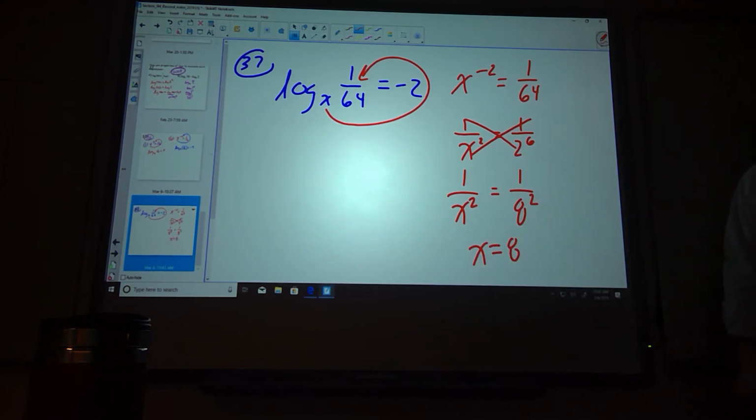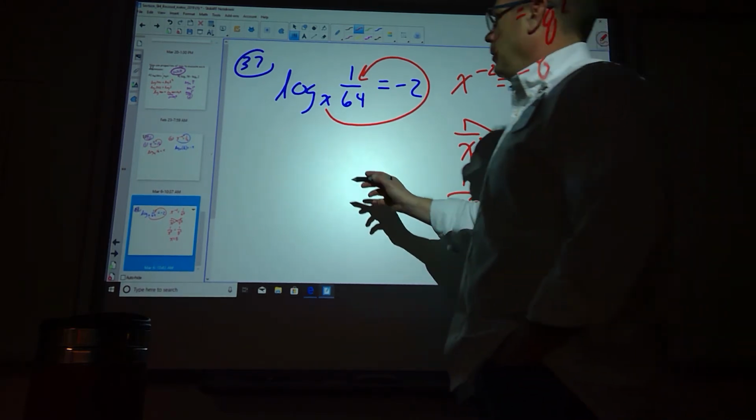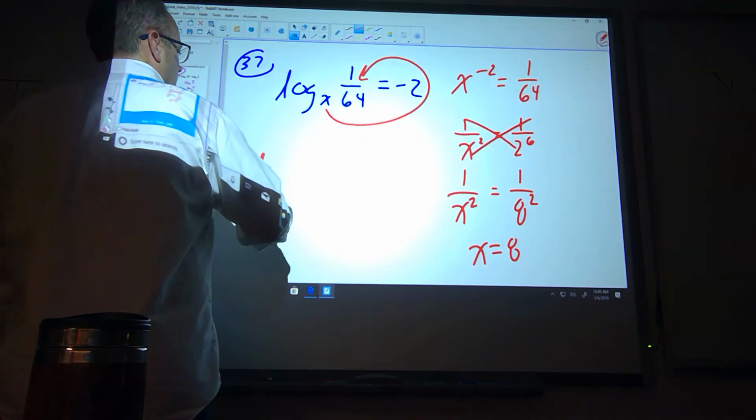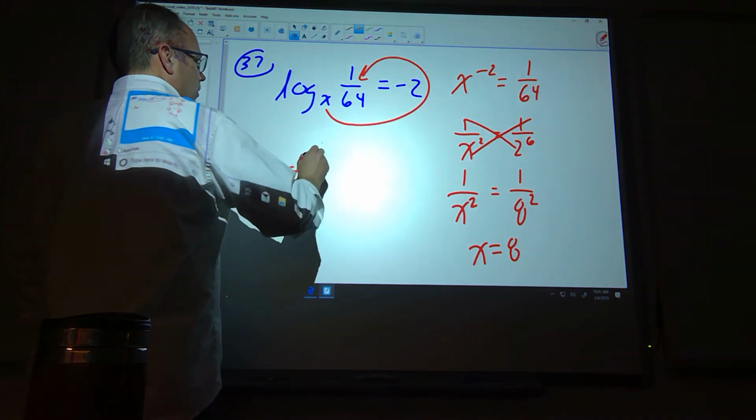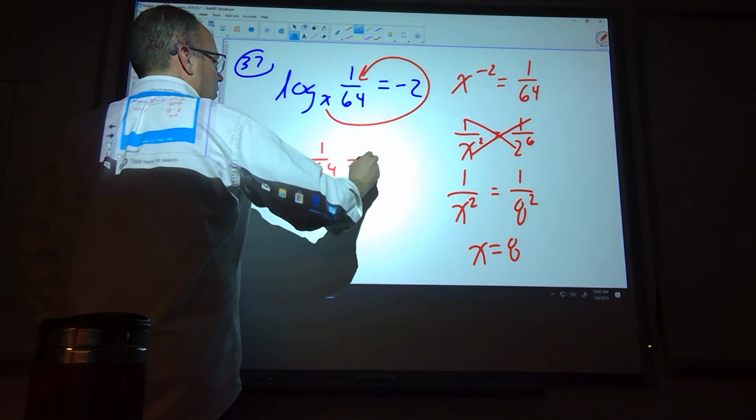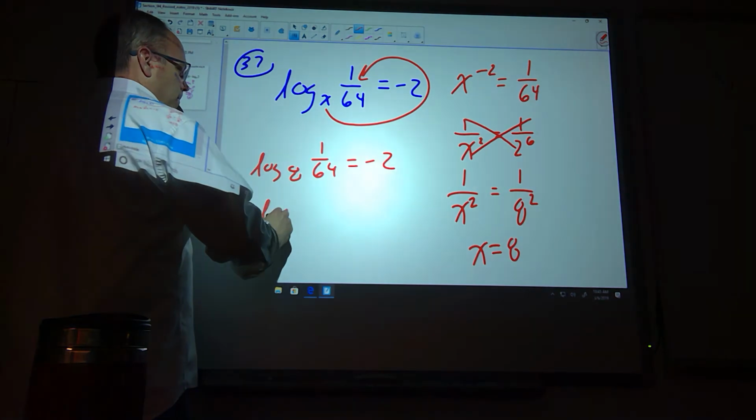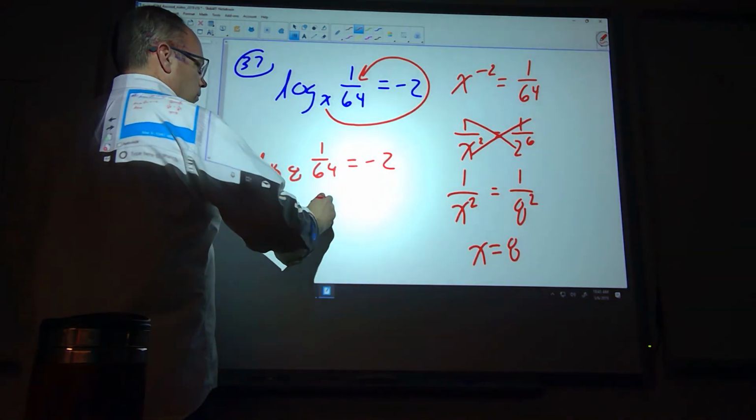So log base 8 of 1 over 64 is negative 2. So that takes care of that 1 over 64 because it's a negative 2. But then wouldn't it be positive 2? Because if I rewrote this with the base 8 in there, oh, because it's an even, so it's going to be positive.